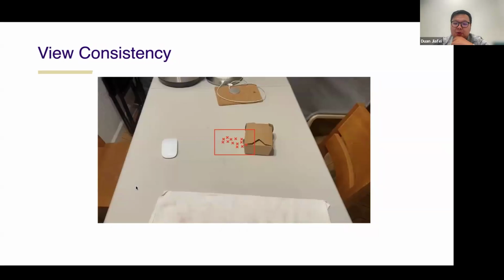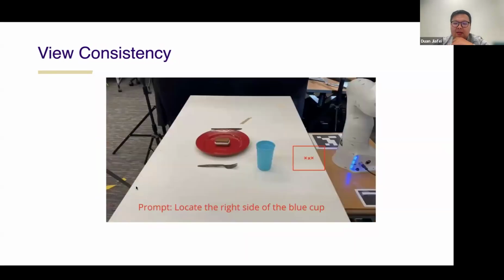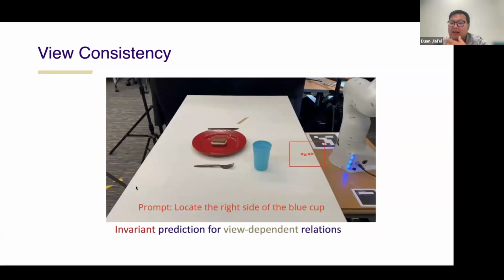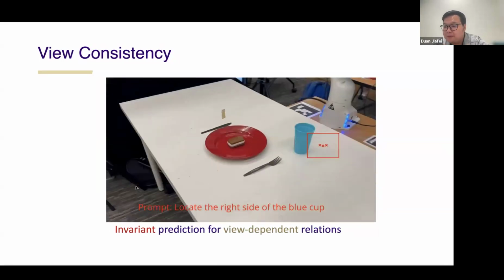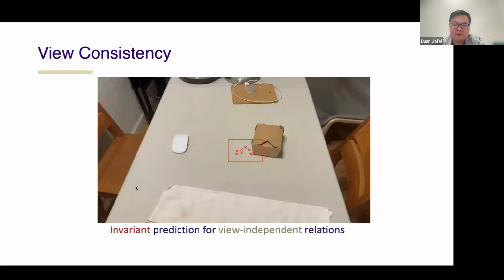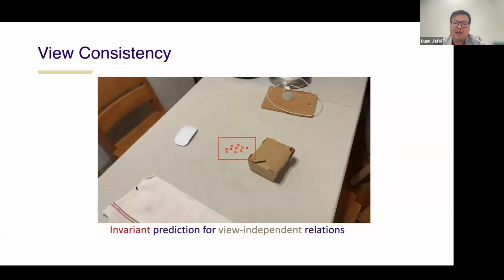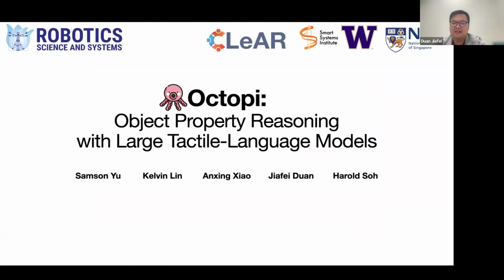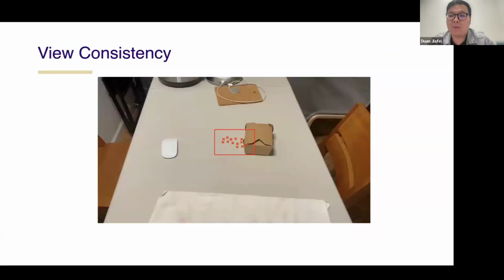The problem is to locate the right side of the car. As the camera view moves, the right side also starts to change. But somehow it still is able to predict consistently where the right side of this car is. And the same goes for this, which is to predict in between the objects, and it is able to rotate as the camera moves. So that is the work that we have done for RoboPoint.